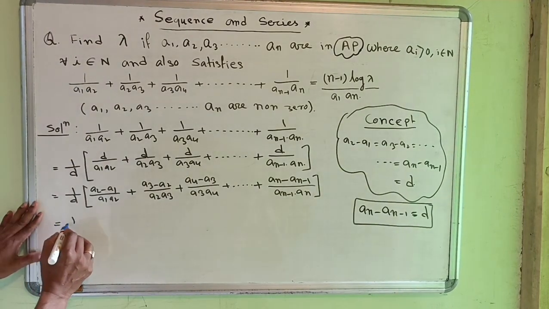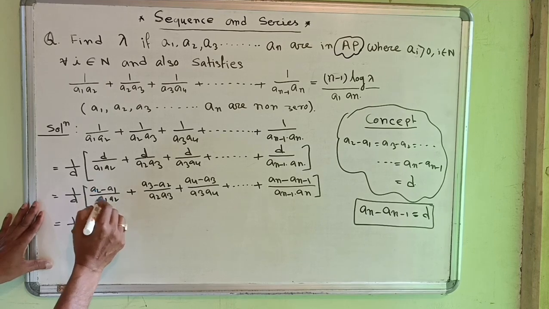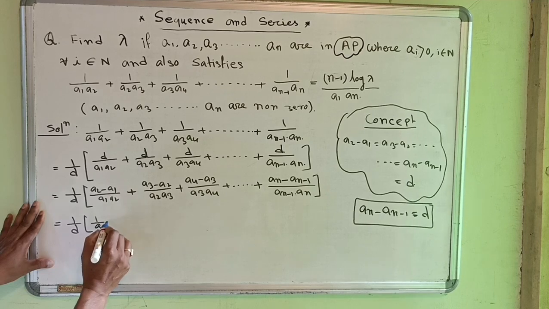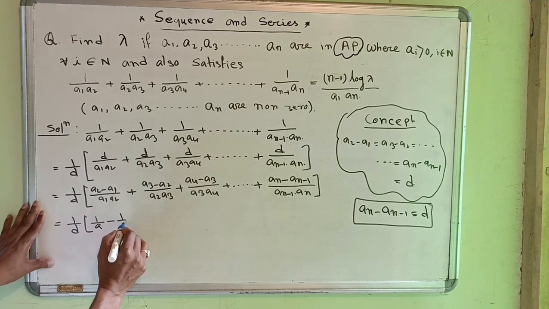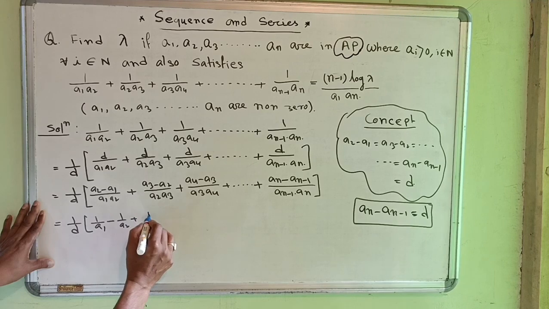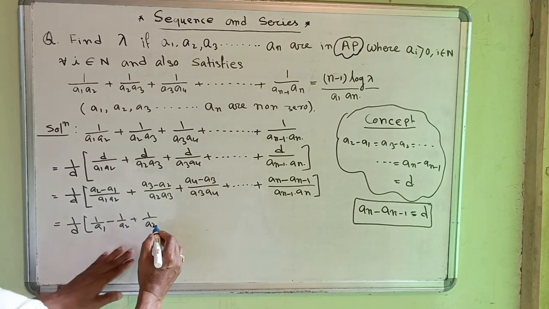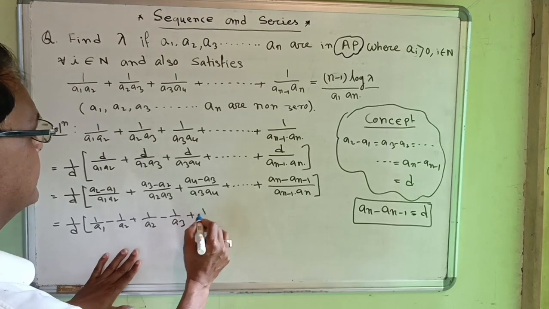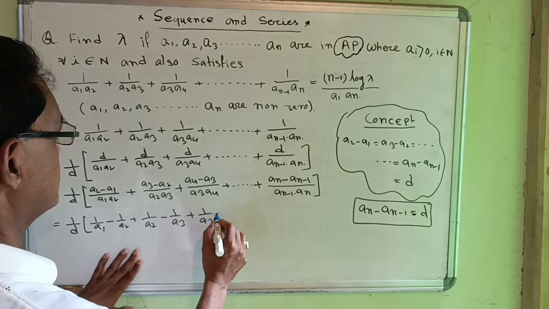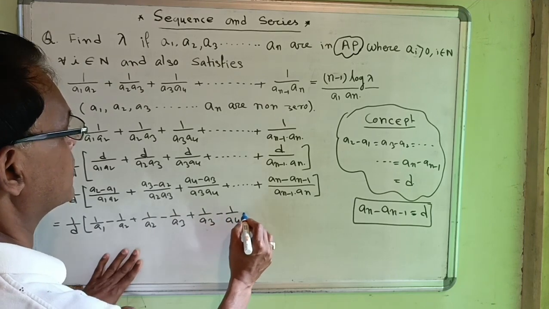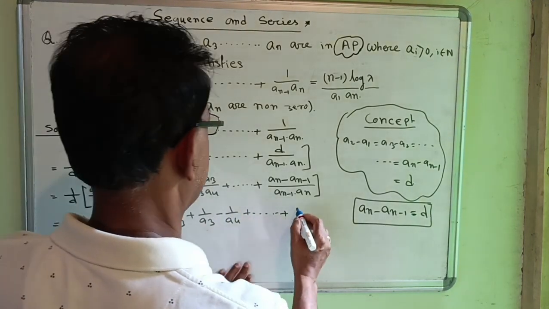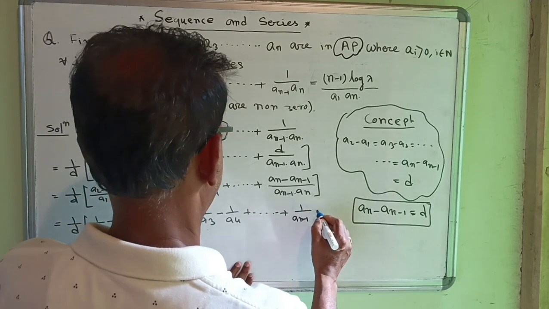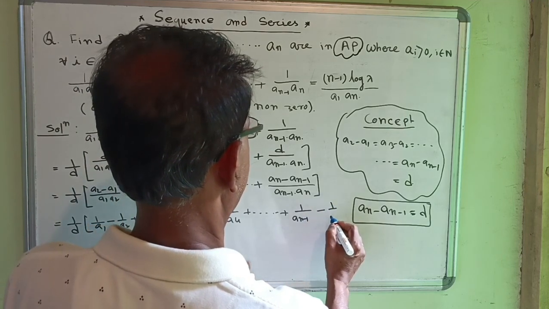This is equal to 1 by a1 minus 1 by a2, plus 1 by a2 minus 1 by a3, plus 1 by a3 minus 1 by a4, and so on, plus 1 by an minus 1 minus 1 by an.